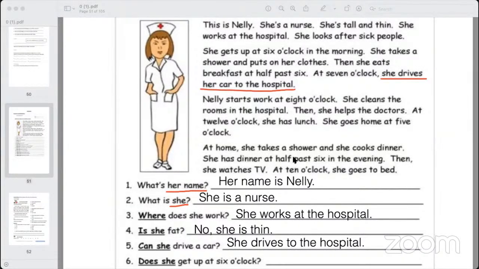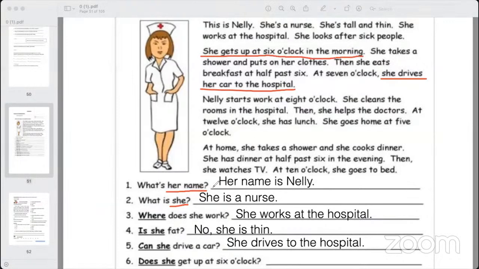Number 6. Does she get up at 6 o'clock? So that question is asking you whether she gets up at 6 o'clock. So does she get up at 6 o'clock? If you don't understand the answer to the question, go back and check. So what does it say here? She gets up at 6 o'clock in the morning.